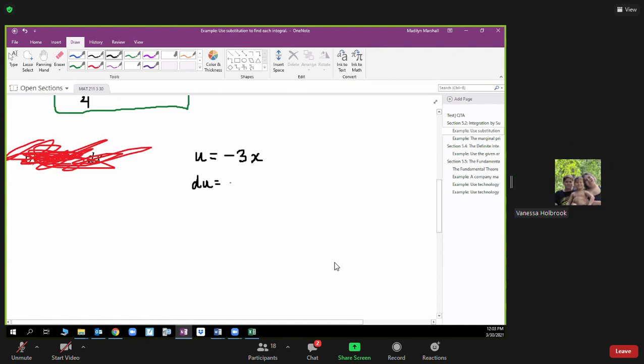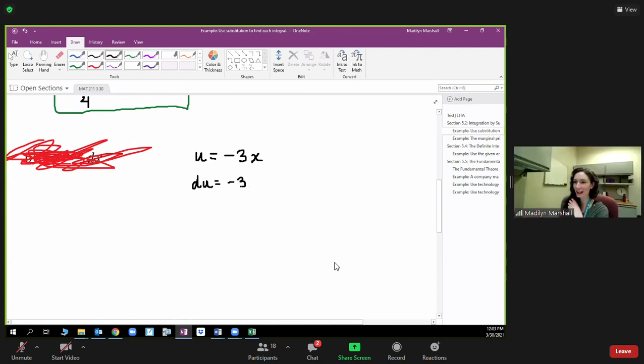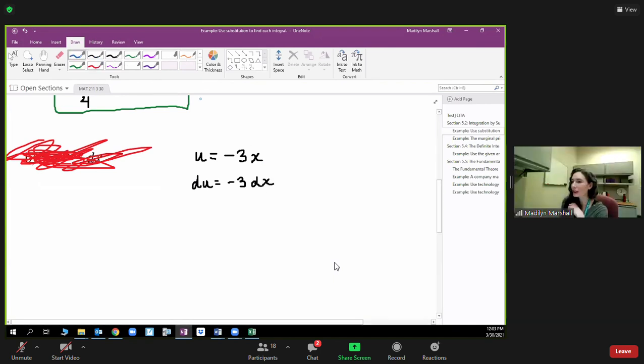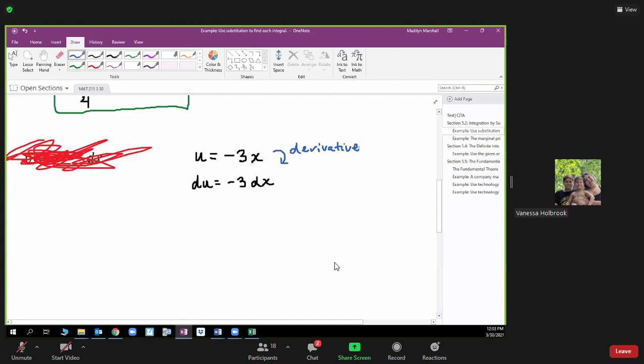Negative 3, and then a little bit more, dx. dx, exactly. So finding du just means taking the derivative, really, and then there's a dx on the end. Okay, that makes sense.